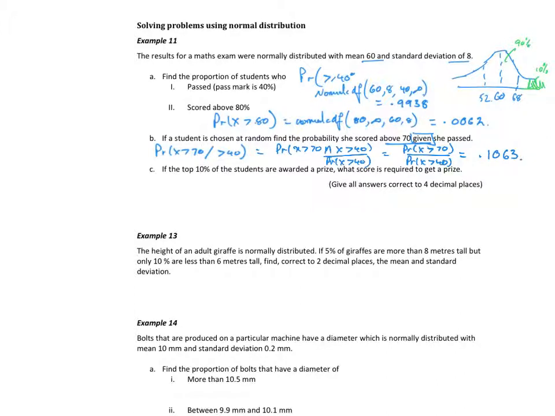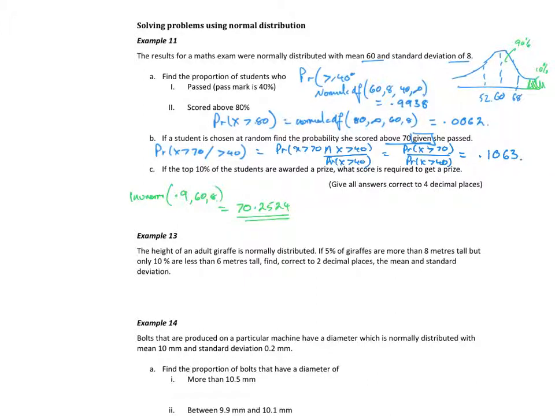Because our inverse norm works with an area less than, I want the value that gives me 90% of the data for a 60, 8 distribution, which is equal to 70.2524, to 4 decimal places. So anyone that basically got a mark above 70 was in the top 10%. All right, how does that sound? Well, 68 is one standard deviation above, so that seems reasonable, doesn't it?